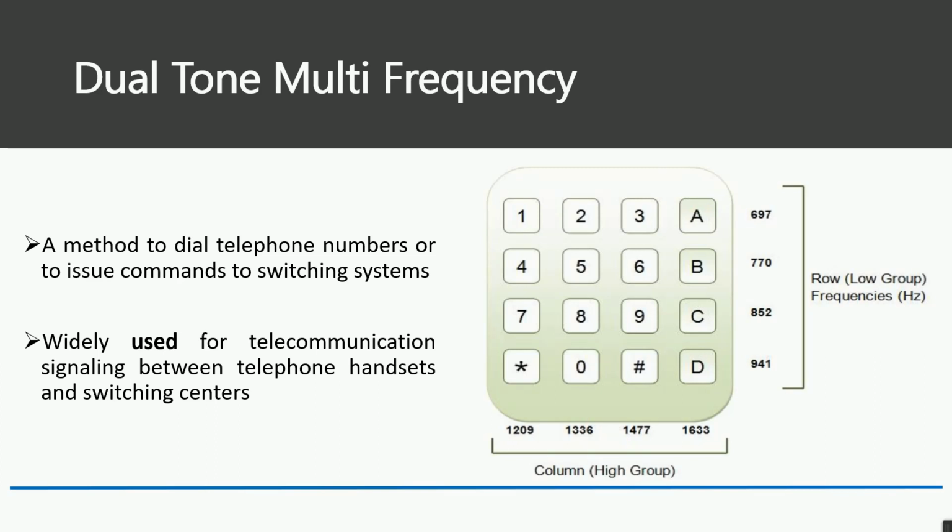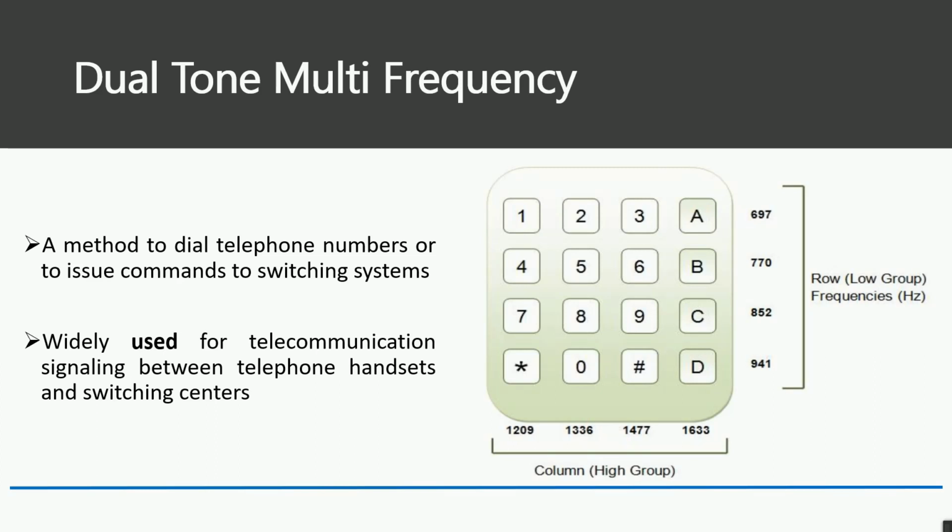If I'm pressing 1, the low range frequency will be 697 Hertz and the high range frequency will be 1209. Similarly, if you're pressing 5, the low range frequency will be 770 Hertz and the high range frequency will be 1336. If you see here, there is a matrix where each button has a unique combination of a high range and a low range frequency.